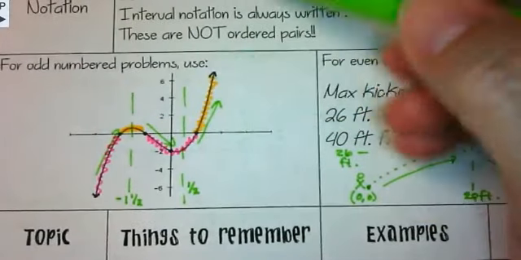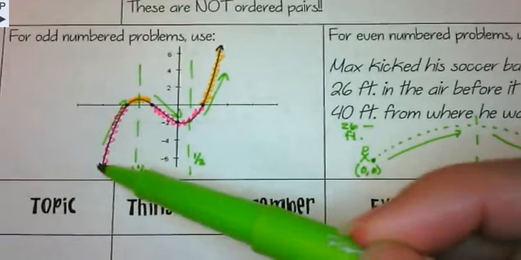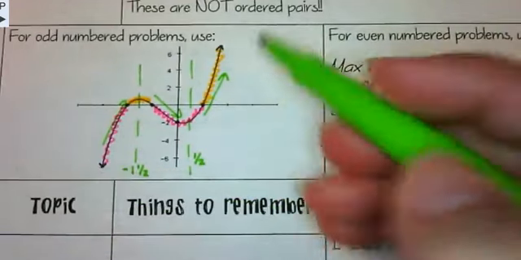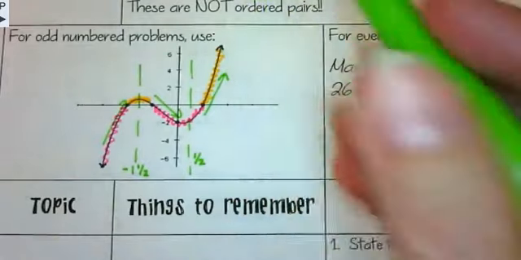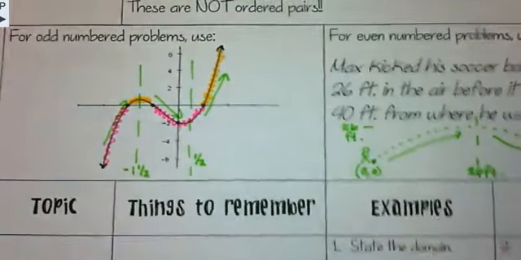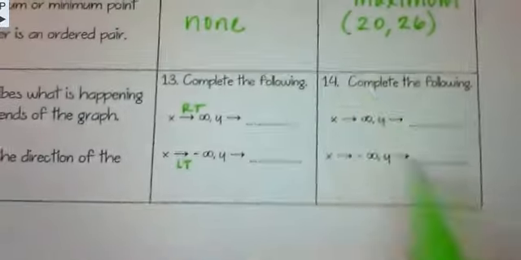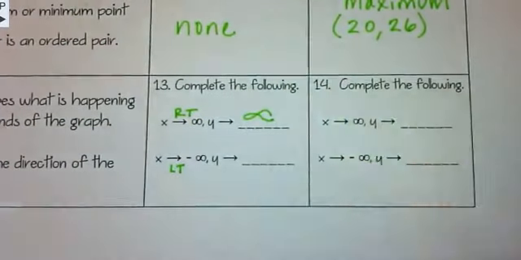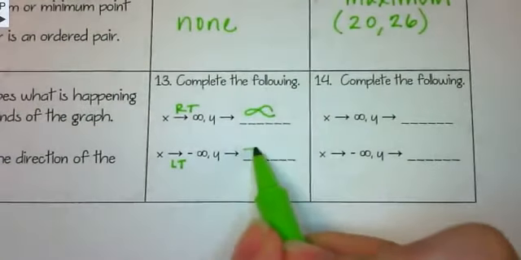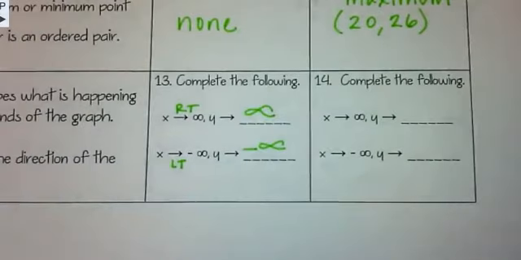So that tells me infinity. This one down here is going to go down, which tells me that's negative infinity. So the right side is going to positive infinity, the left side is going to negative infinity.